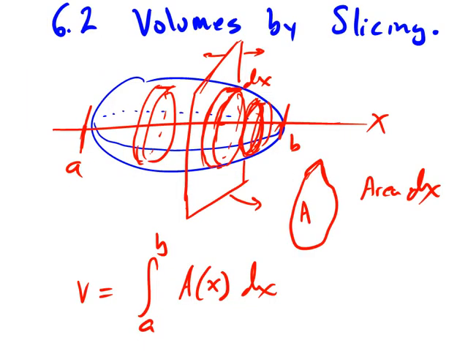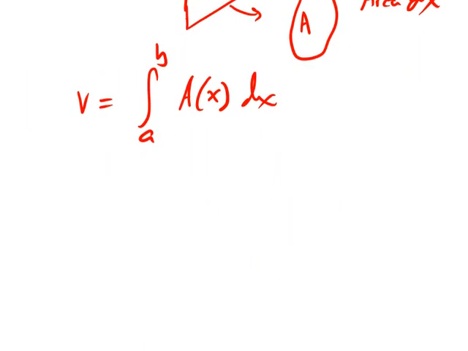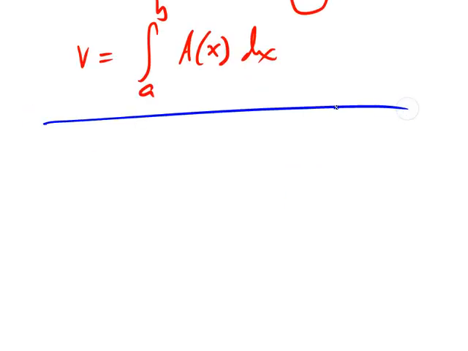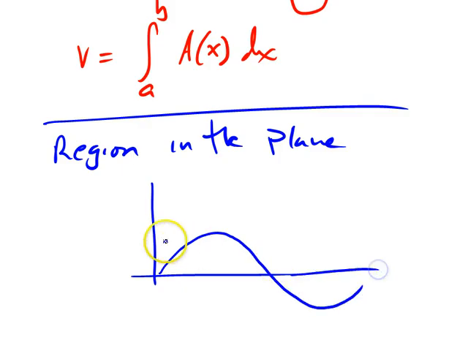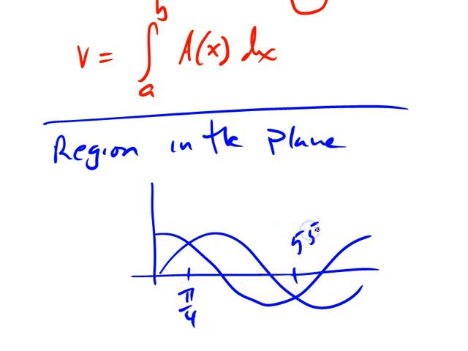So let's write some stuff down here. So I've got a region in the plane. The region in the plane is bounded by the sine curve and the cosine curve, and I'm cutting it off here between pi over 4 and 5 pi over 4.